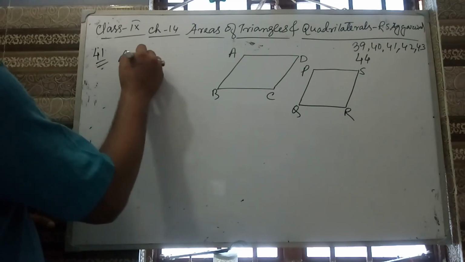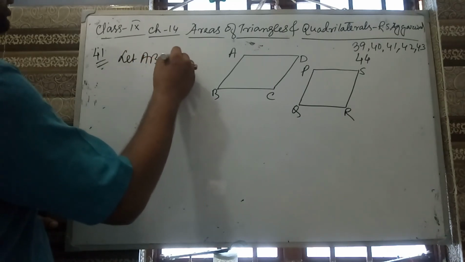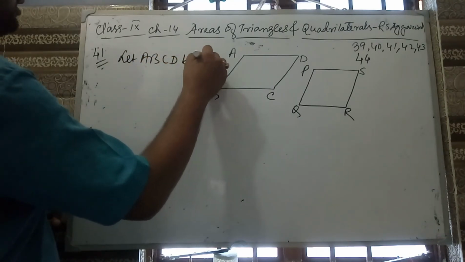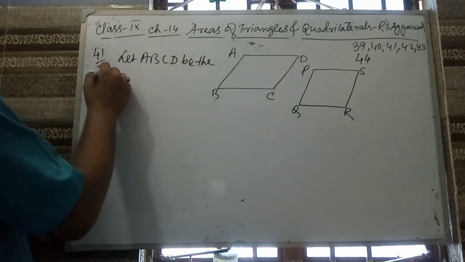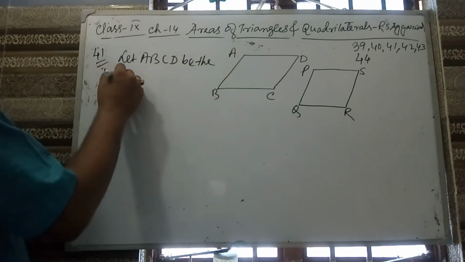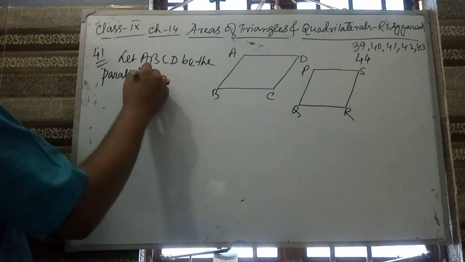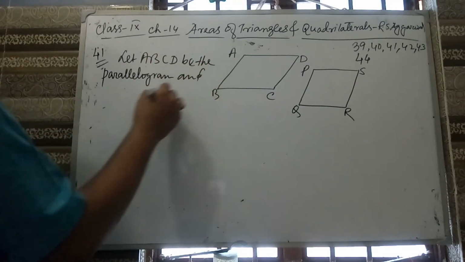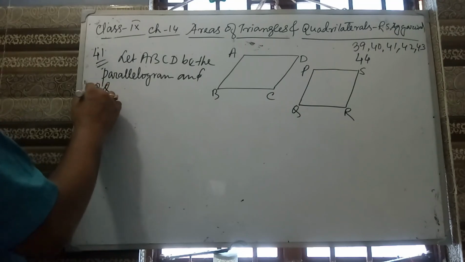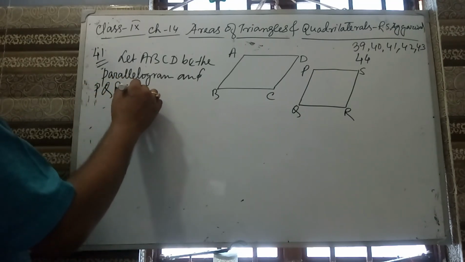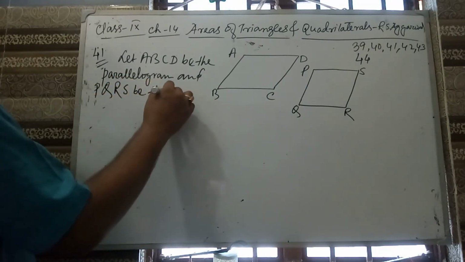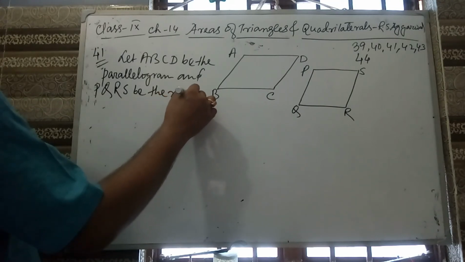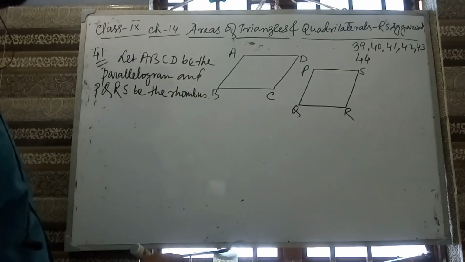Write down, let ABCD be the parallelogram and PQRS be the rhombus. Okay.